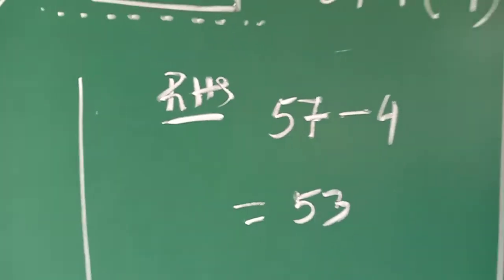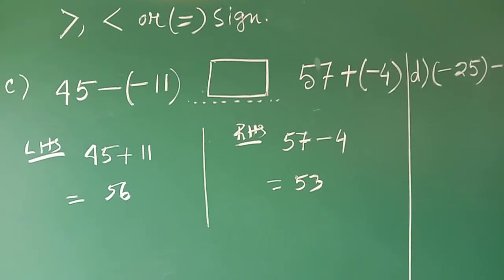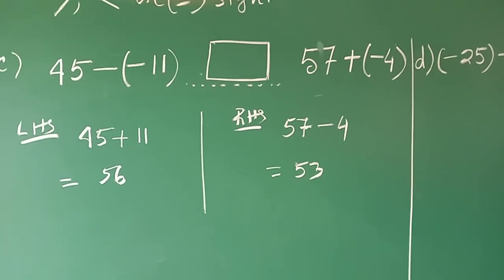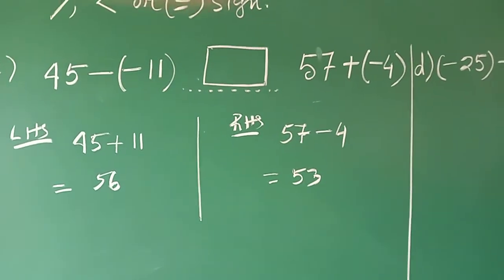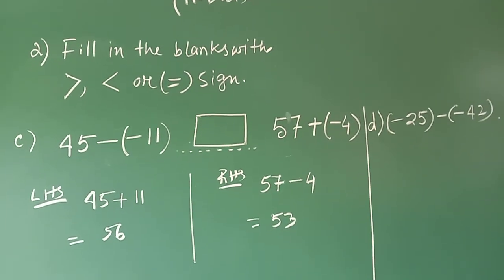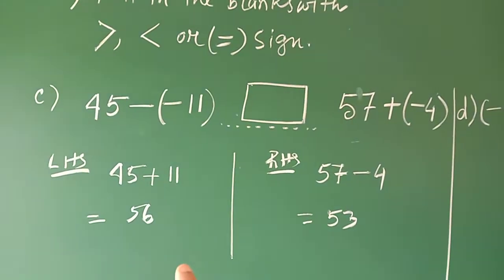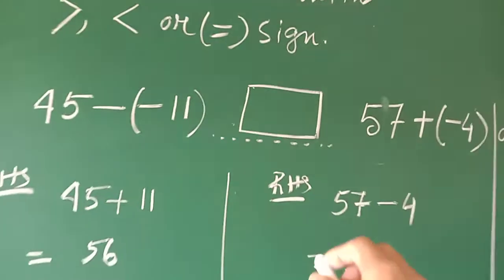Now both are positive. It is very easy now, as one is 56 and one is 53. Which portion is larger? Think. Yes, the 56 portion is greater than 53, so it is larger.